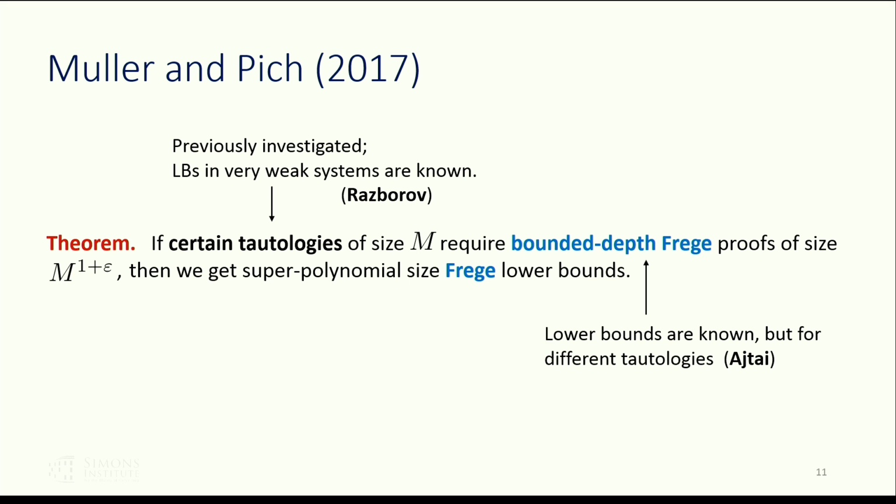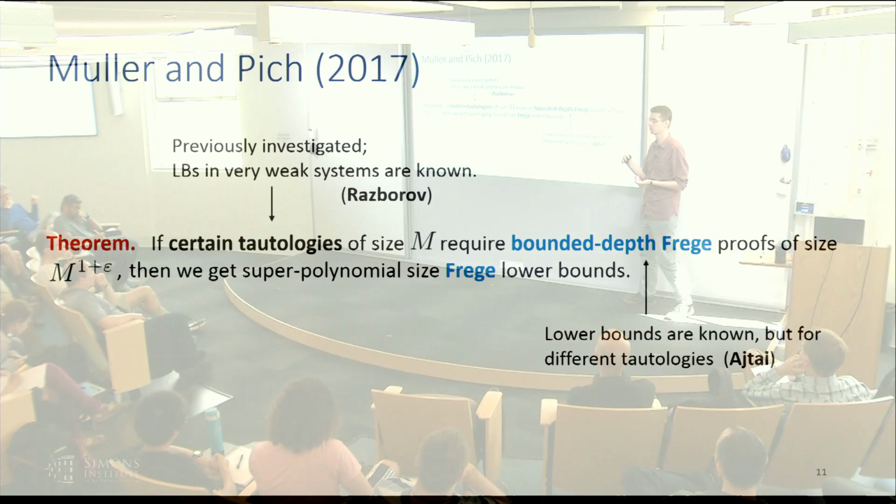And work of Razborov, for instance, has proved that such tautologies don't have short proofs in Res(k) for certain values of k. So we now have a magnification theorem in a setting where we can prove lower bounds. Not yet for the specific tautologies, but that seems to be progress with respect to the previous theorems I mentioned before.